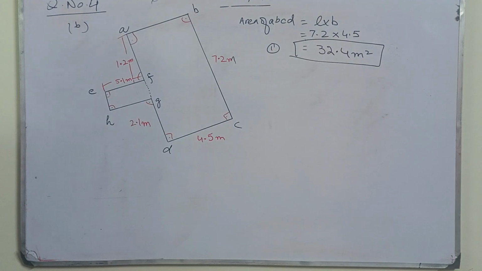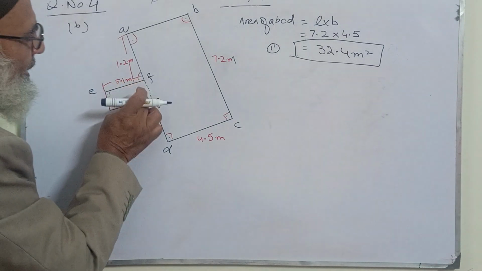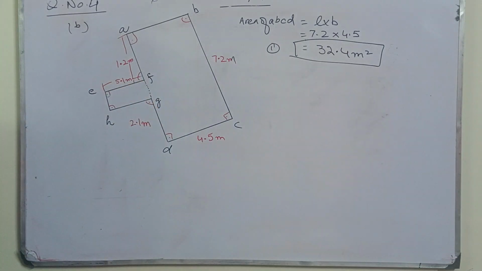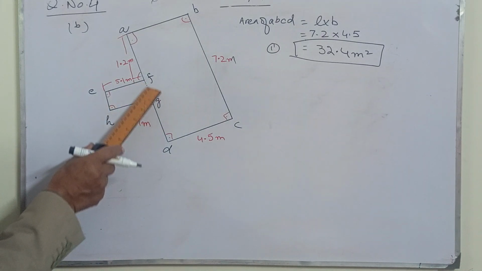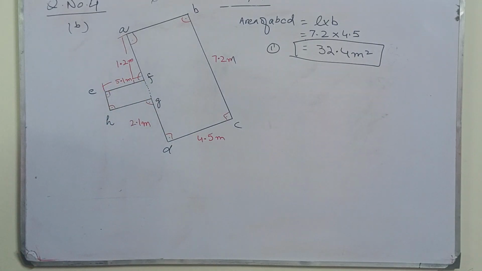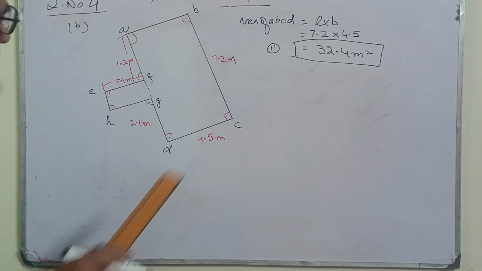EFGH is another rectangle. But my dear students, the width of this portion is not given. This width, which I marked with a dotted line, is not given to you. You have to find this width by yourself.